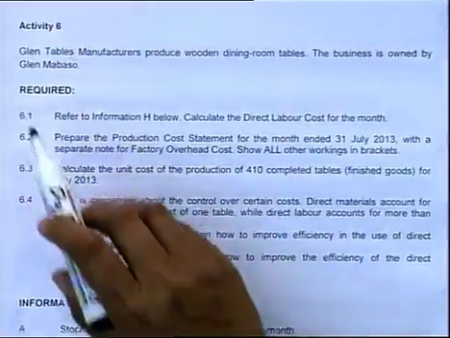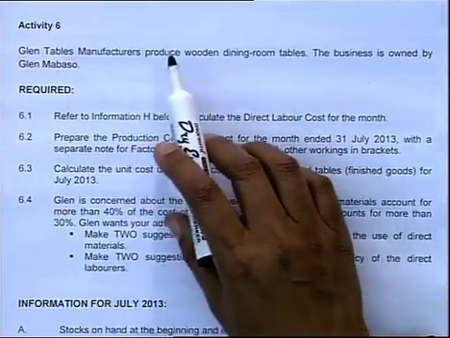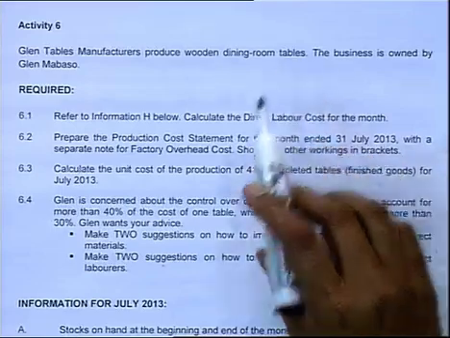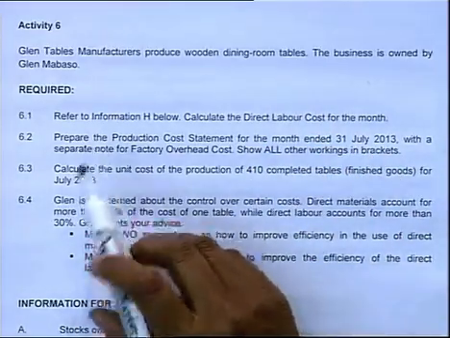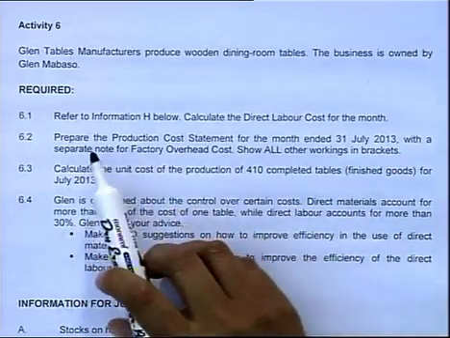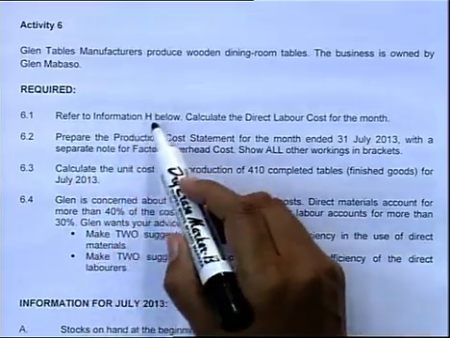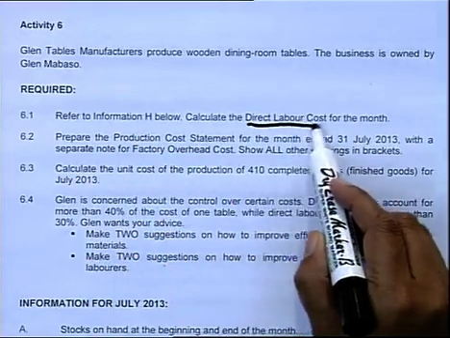So it says, Glenn's Tables manufacturers produce wooden dining room tables. Okay, so now we know what they do. They manufacture wooden dining room tables. They want us to do all sorts of things. So the first instruction is refer to number H, and we're going to go to number H now to calculate the direct labor cost.